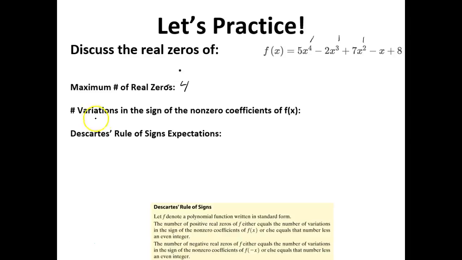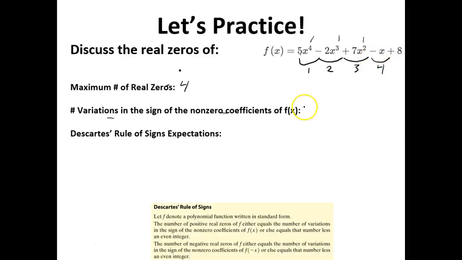Here, the number of variations in the sign of the non-zero coefficients. So when it's looking for the number of variations, non-zero coefficients, this is positive, positive to negative, that's 1, negative to positive, that's 2, positive to negative, that's 3, negative to positive, that's 4.